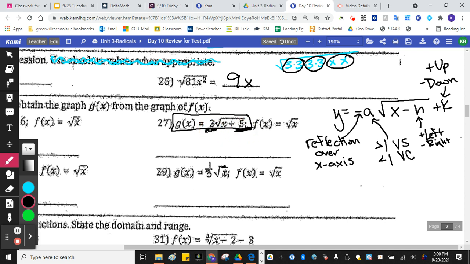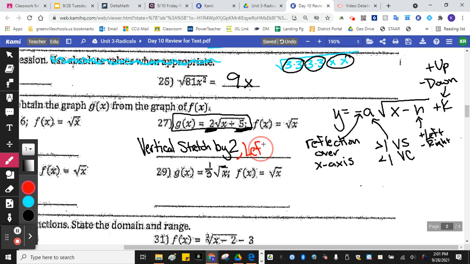So the 2's in front of my radical, greater than 1, vertical stretch. So vertical stretch by 2. Inside the radical, plus 5. Inside my radical is left and right, plus is to the left.